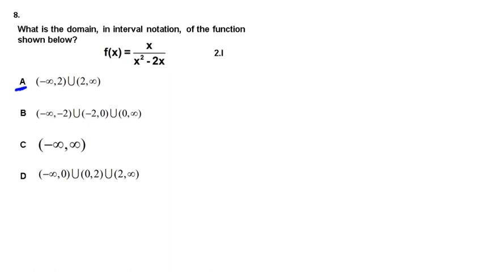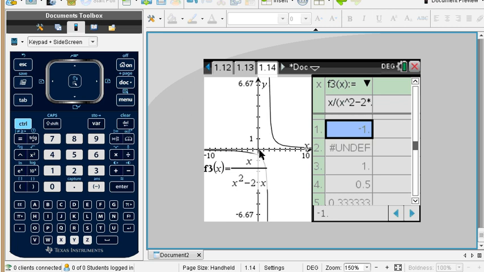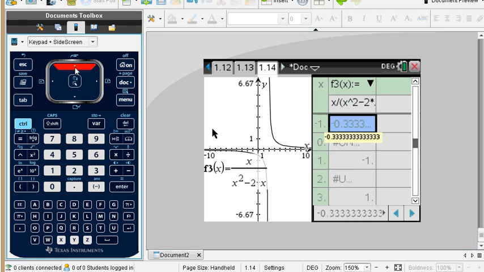But if you go to Control T, you will see that you have not only a discontinuity at x equals 2, but also a discontinuity at x equals 0.